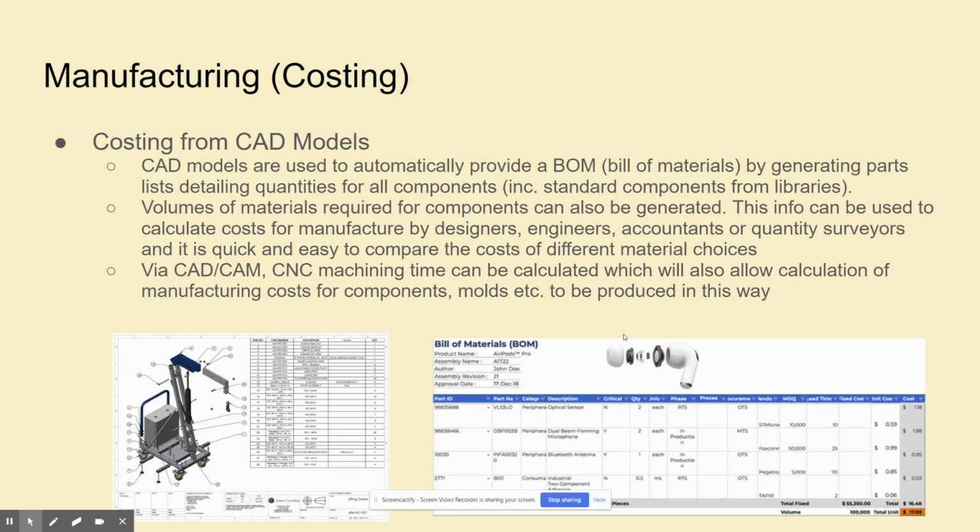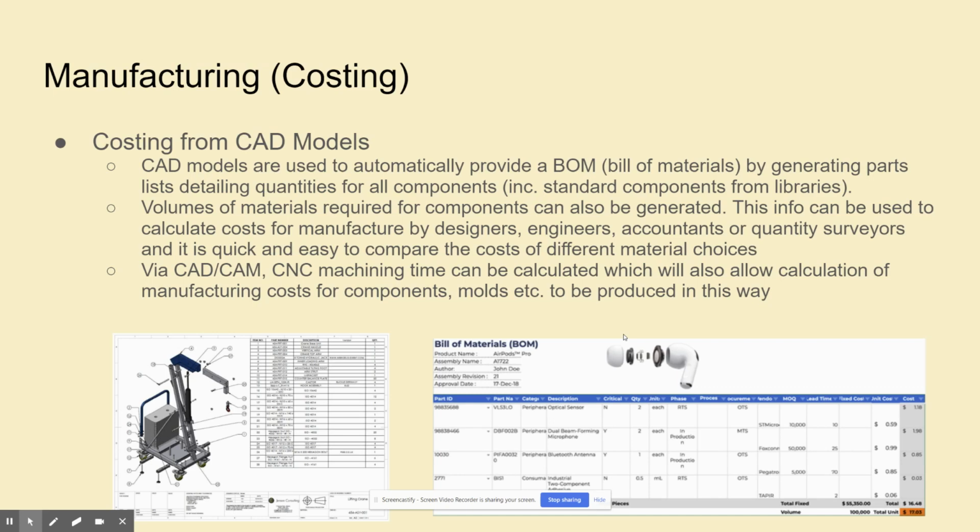So rather than you or your production engineer having to go through all your models and count off all the individual parts and hope they got it right, you can generate a live, up-to-date, accurate list of exactly how many components you need. And from that, you can develop costings, because if you know all the different components you need, your production engineers or your accountants or whoever it might be, quantity surveyors if it's a building, they can look through that list and understand the costs, so they can tally up the costs against all the quantities, and that makes it really quick and easy.